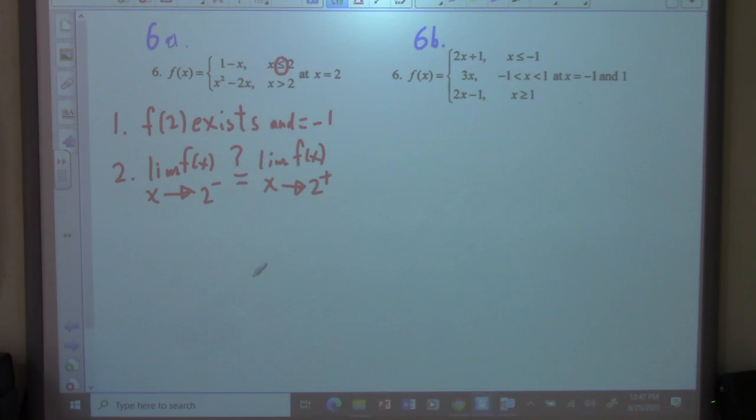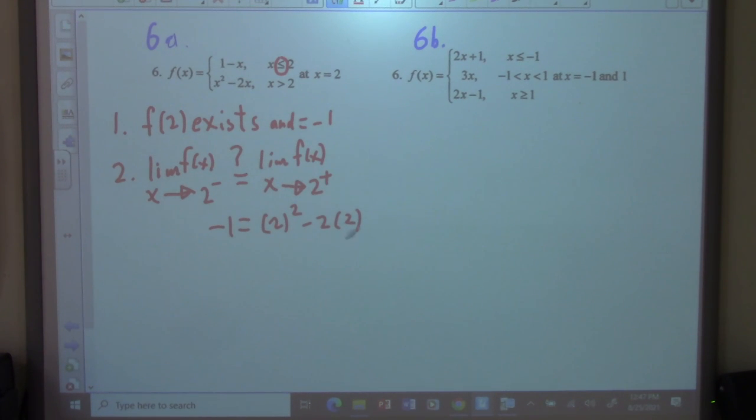So we have this all set up, don't we? We already have our left side limit because we found it right here. That's going to be the same as this. So on the left side we have -1 because that's what was plugged in here. And the right side we don't have yet, but we know that's at 2, so that's going to be 2 squared minus 2 times 2, right?